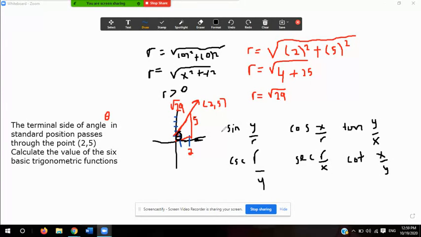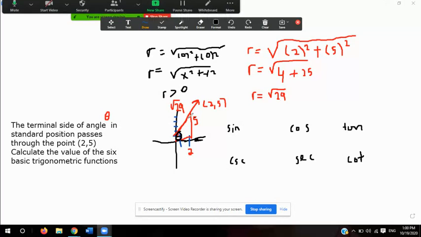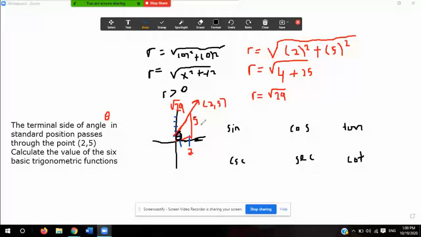So if I want to find y over r, or the sine in that case, sine is opposite over hypotenuse. So sine, if this is where z is, because this is where r is, is 5 over the square root of 29, because 5 is my opposite and the square root of 29 is my hypotenuse.